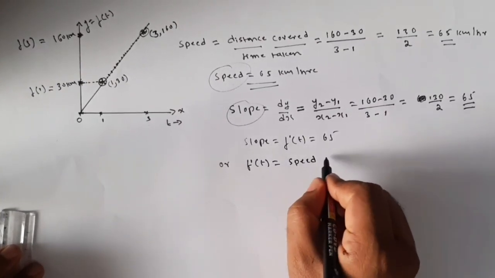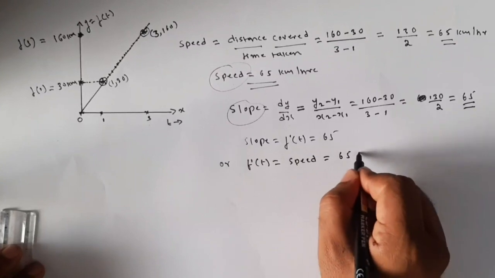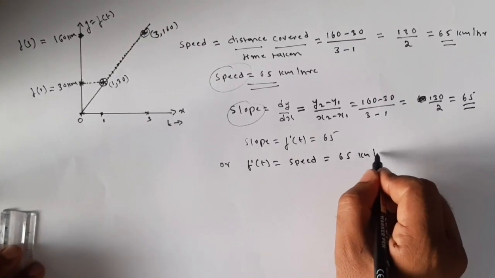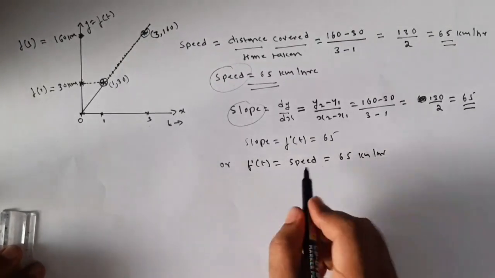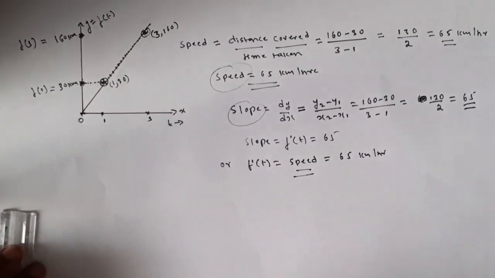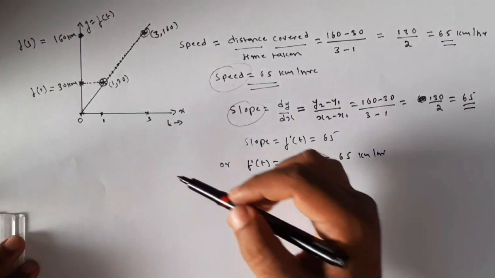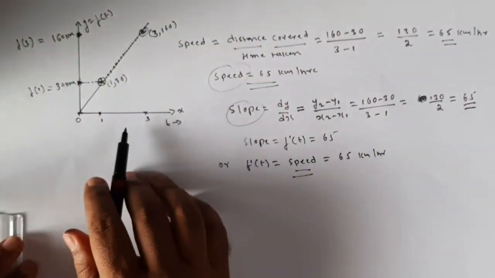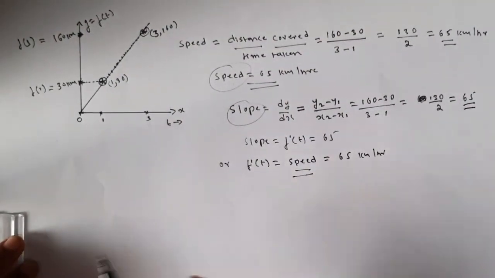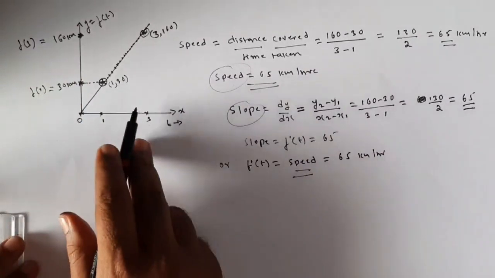Speed is equal to 65 kilometers per hour. Okay, speed we got here. So when you differentiate distance covered with respect to time, we get speed. The derivative of distance covered with respect to time is speed.